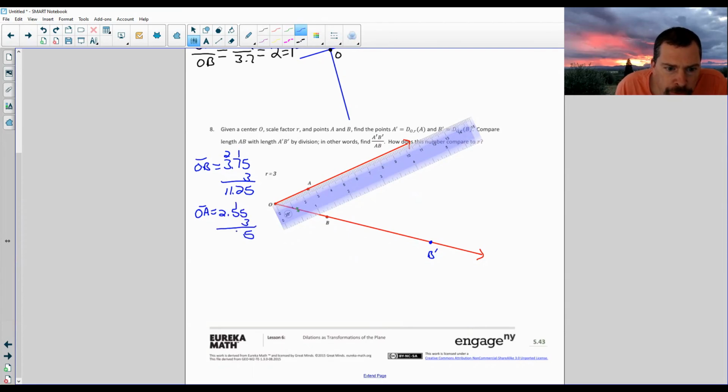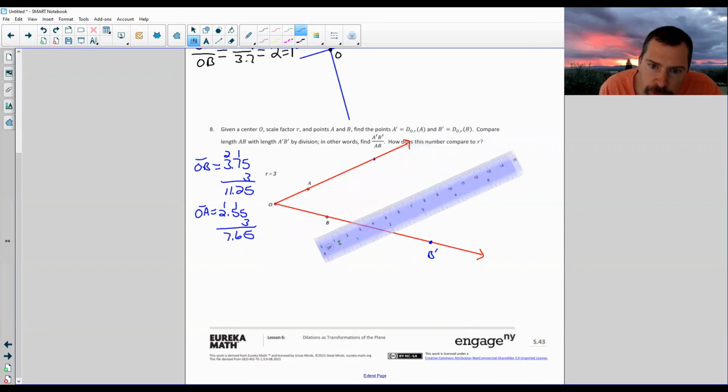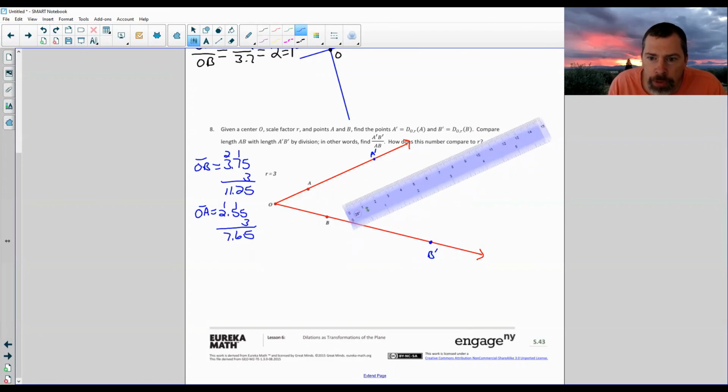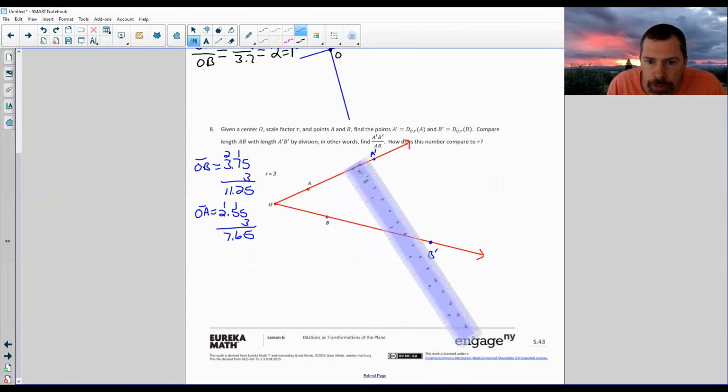Carry the 1. 7.65 is where A prime should be. Here's 7.5, here's 7.6. Halfway between 7.6 and 7.7 is about right there. Move my ruler. This here is A prime. It says now to draw A prime B prime. So I rotate my ruler and I will put that at 0.